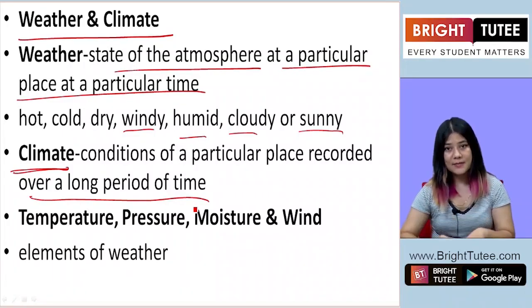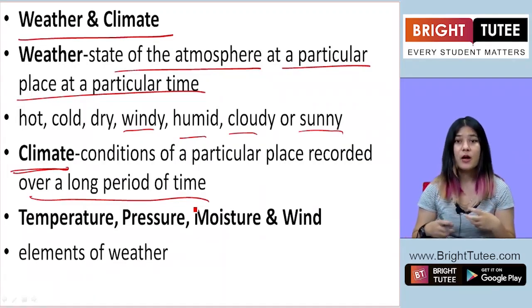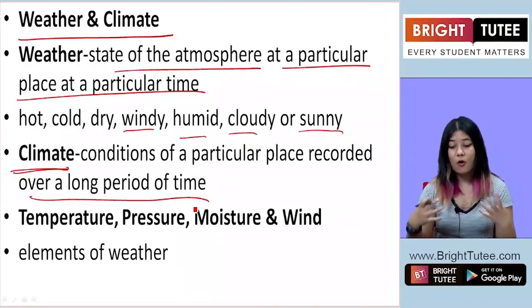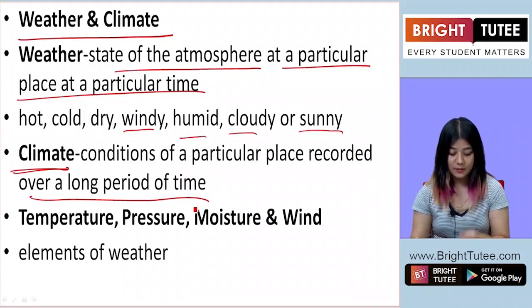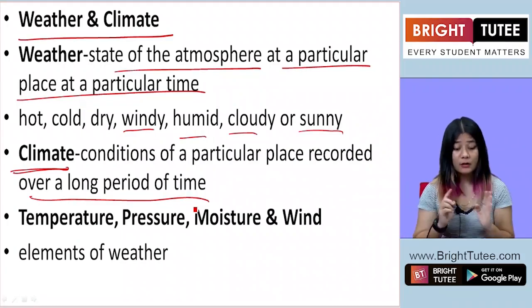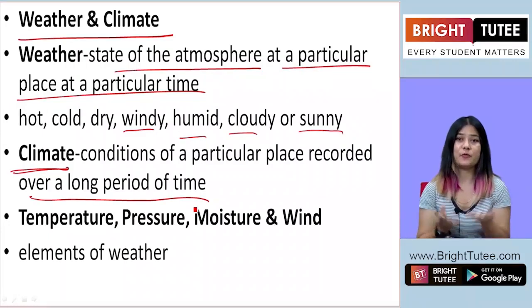So climate is not humid or cloudy or wet or dry. It's not. Okay, climate is the condition of that particular atmosphere over a long period of time. So that's why we should not confuse explaining what today's weather is with explaining what the climate of India is.